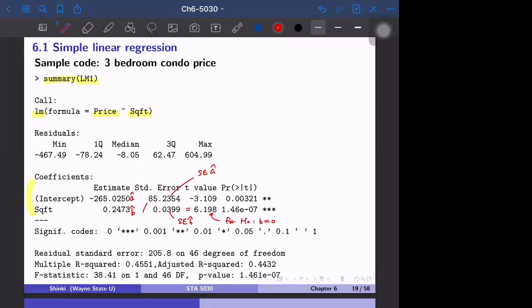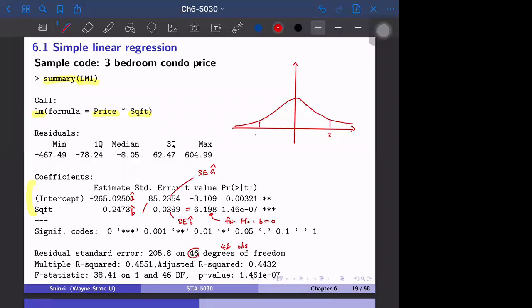6.198 is a pretty extreme value under the T distribution with df 46. Actually, we have 48 observations and 2 parameters in the model, so we have 46 degrees of freedom. The T distribution with df 46 is almost similar to the normal distribution, where plus minus 2 covers 95% of the cases.